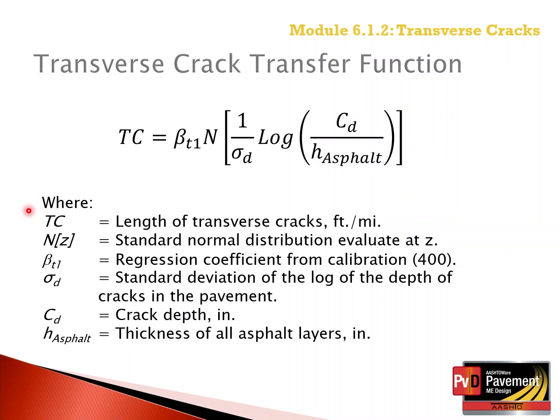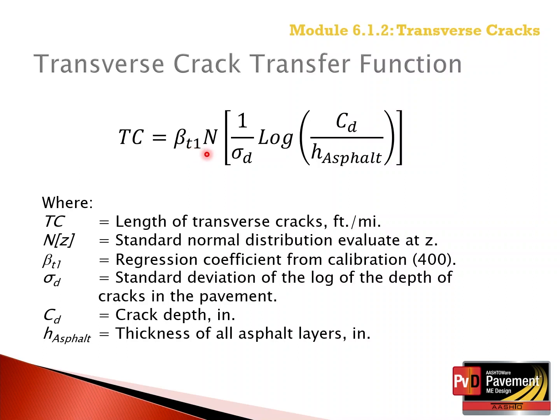The transfer function for transverse cracks is displayed on this slide. The length of transverse cracks is defined by a regression coefficient from the global calibration effort. This is defined as B subscript T1 and was defined through global calibration.